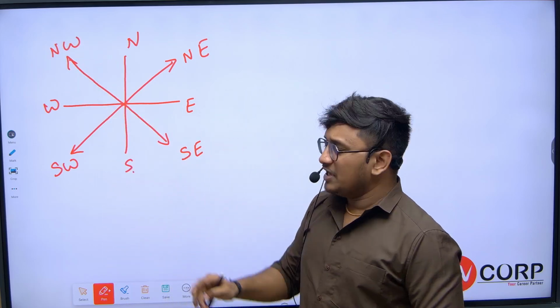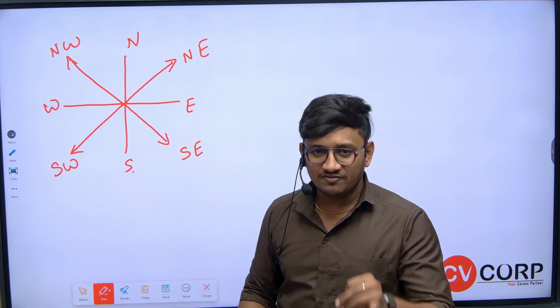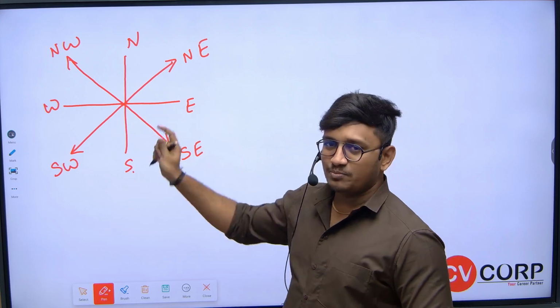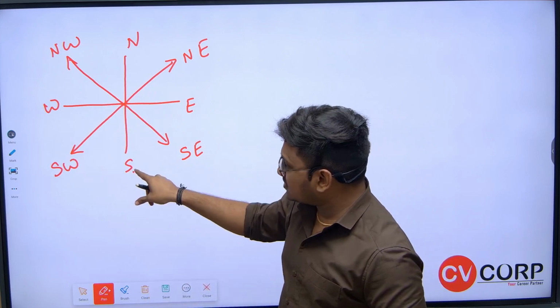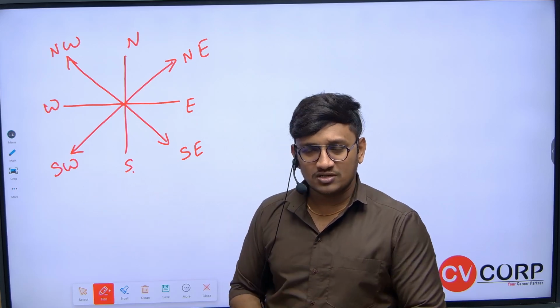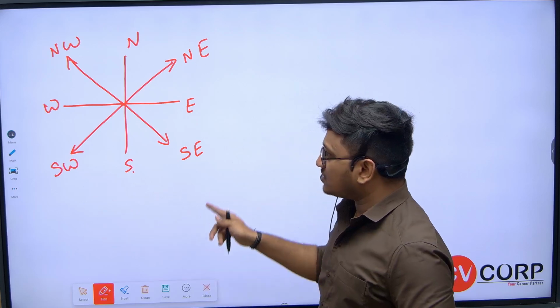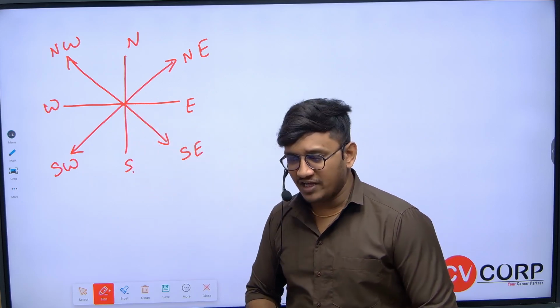Very simple. If you know the 4 directions north, south, east and west, the remaining 4 directions in between can be easily framed. These are the 8 important directions in the concept of directions.